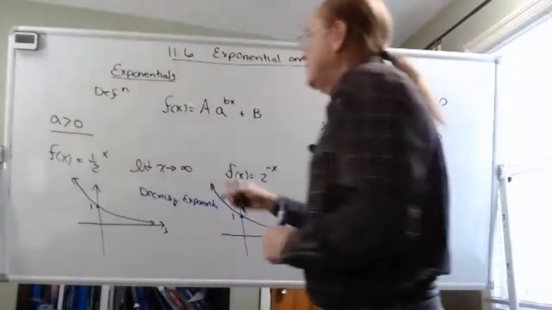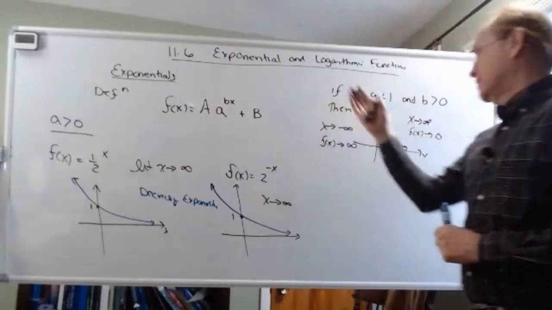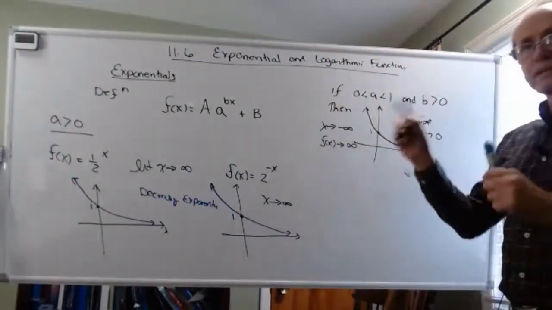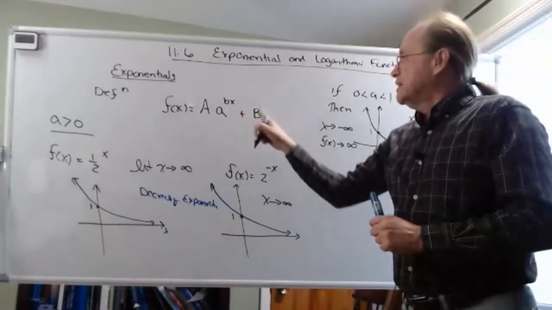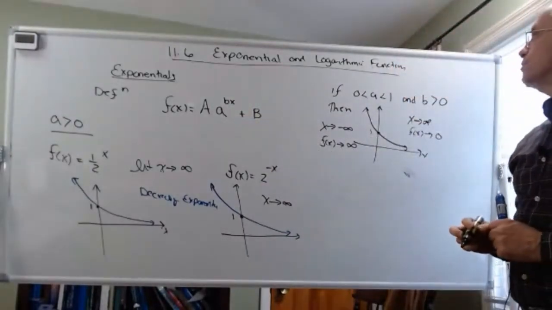Now, where might it change? If capital A happened to be negative, then it would flip the other way and look downward. So this is A positive. All these little things, we're looking at the interplay of these parameters on the graph of our function, and they all have a role to play.